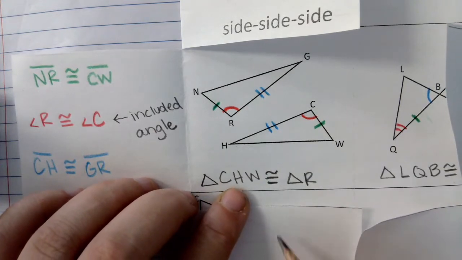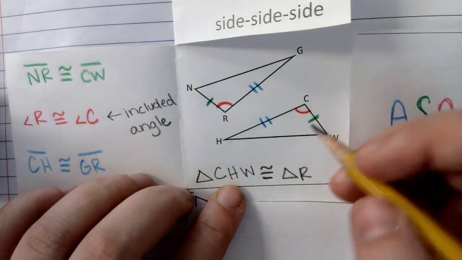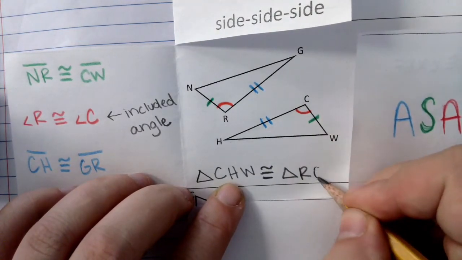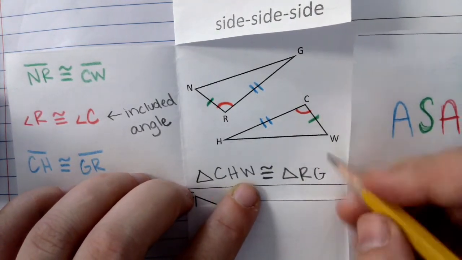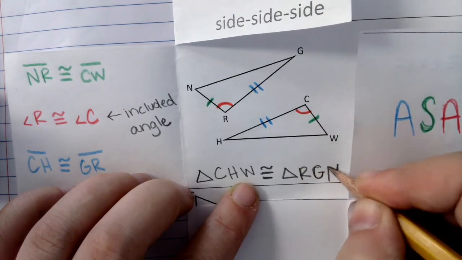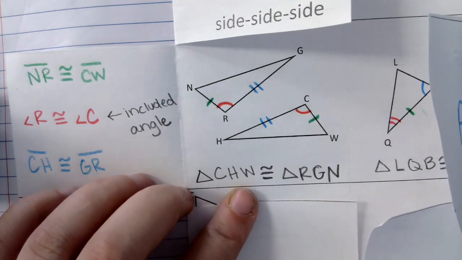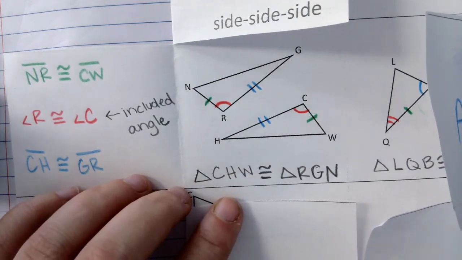Alright, this one I have red as my included angle, so I'm going to go green, red, blue. And this is side, angle, side.